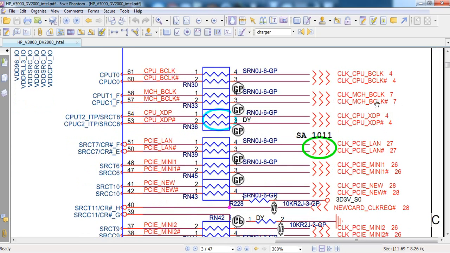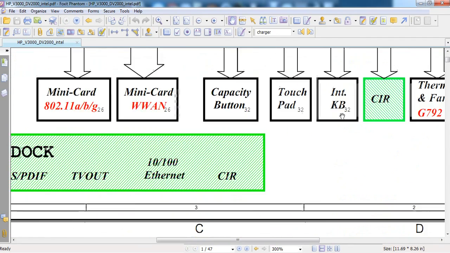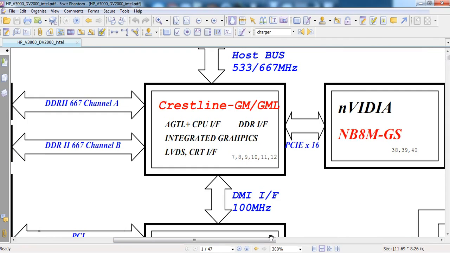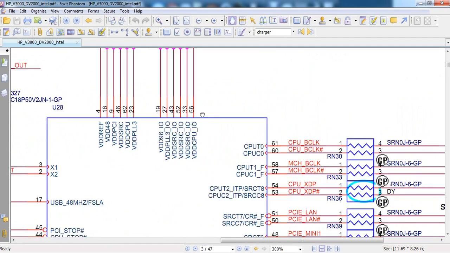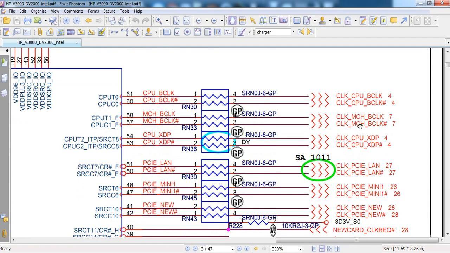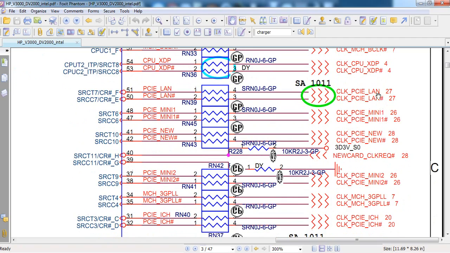These signals go to the GMCH, because page number 7 contains the GMCH details. So this is to the CPU, this is to the GMCH, again the CPU, and this is page number 27, which contains the LAN details.